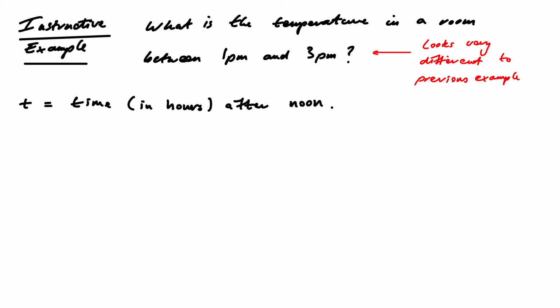Okay, so I'm saying in hours to kind of fix a scale if you want, or fix units. And then at a given moment t, that gives me some time between 1 p.m. and 3 p.m. There's going to be a temperature, sorry, and it's going to depend on the time. So let's label that information too. Let's write f brackets t. So this is pure notation. This isn't multiplication. f doesn't represent a number.